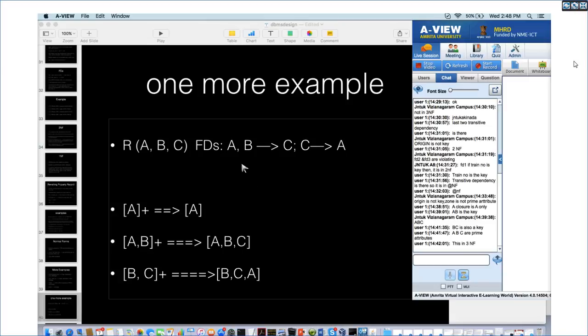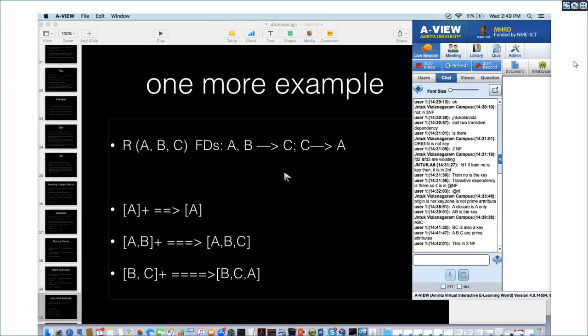AB determines C, which satisfies the requirement of both BCNF and 3NF, because the left side is a key for this relationship. But for C to A, C is not a super key, but A is part of a key.